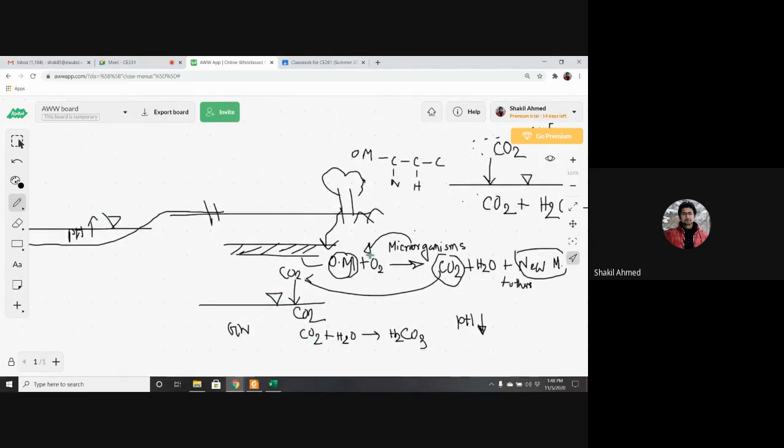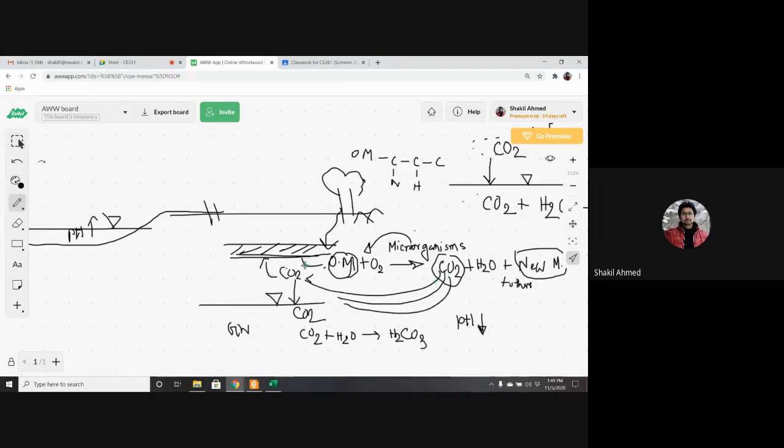Why? Because we have carbon dioxide here from the decomposition of organic matter, which was already present in the soil, and under the soil you have a confined layer. So the carbon dioxide gas is trapped and it cannot escape. So more carbon dioxide is produced, and more pressure is building here.